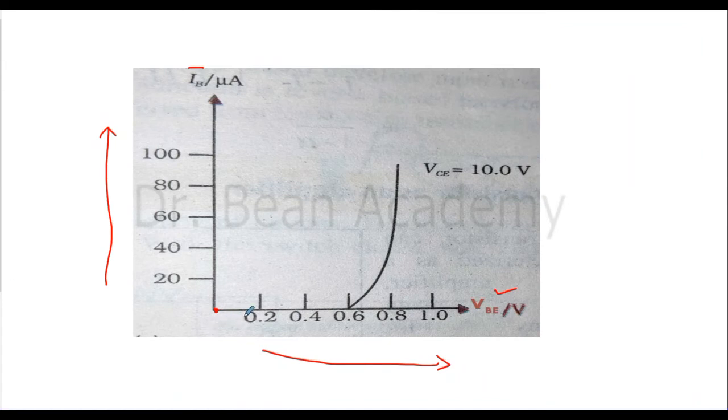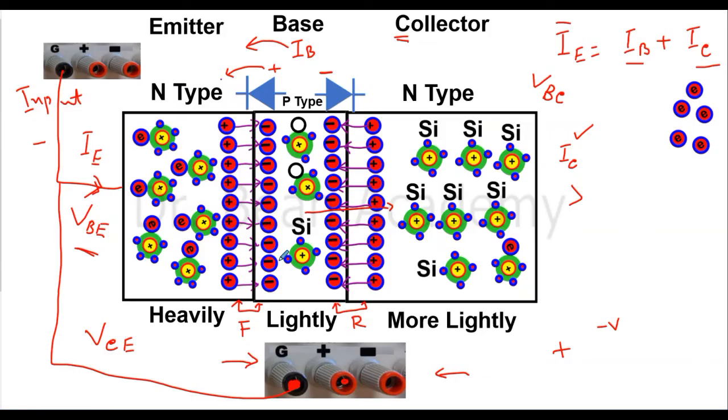Next, we will increase the voltage, for example, to 0.2 volts. So just see that now the voltage across the junction base and emitter is 0.2. So now I connect this plus to the base, and I will change this voltage slowly.